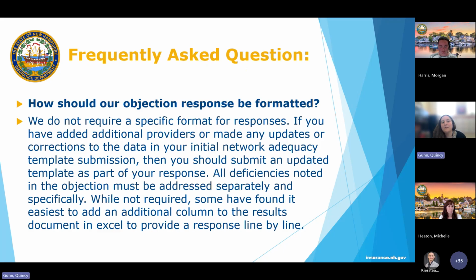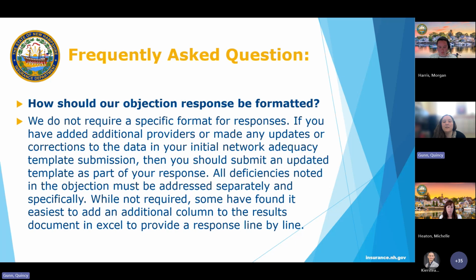Another question that we get pretty often is, is there a format that we expect you to submit back to us in response to the objection? We don't have a specific format for the response. Obviously, if you make any updates to your template, if you've added more providers to cure deficiencies, then you definitely want to submit us an updated template that we can run.